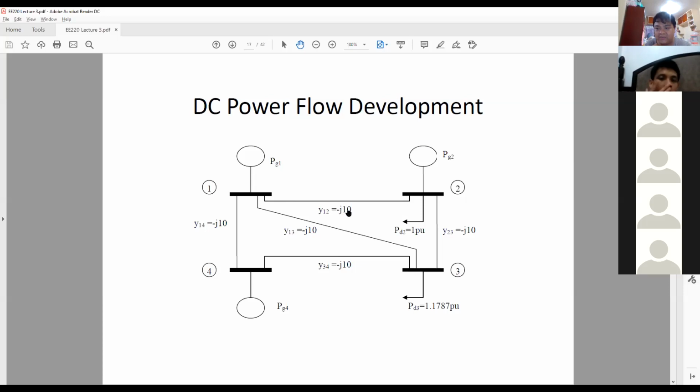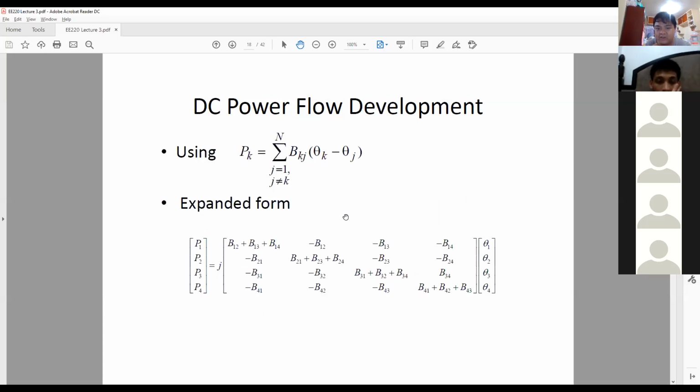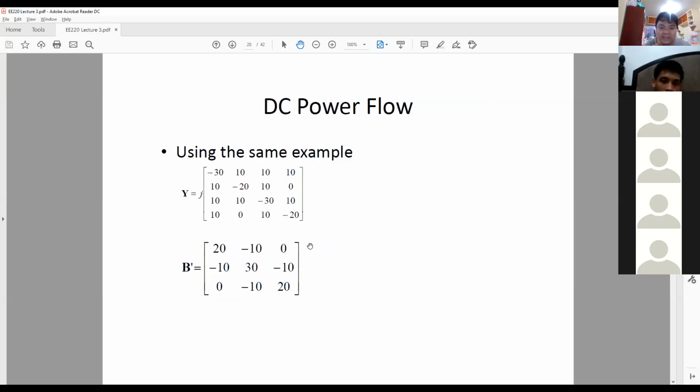So, negative j10. Pero sabi dito, multiply it by negative value, kaya naging positive 10. So you do that for all the off diagonals. Nilabas lang yung j dito sa labas. Ito na yung Y bus. Okay? Ignore nyo lang tong B prime muna, ha? Ignore nyo lang muna. Okay?